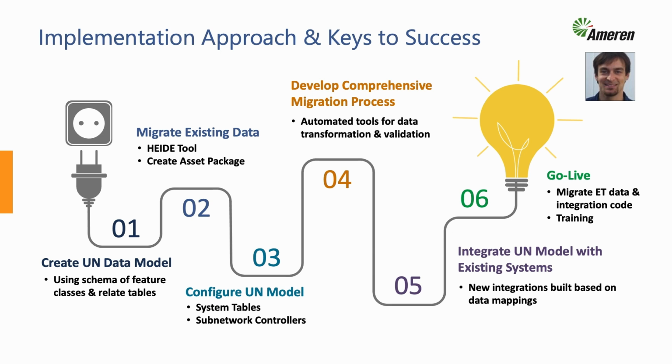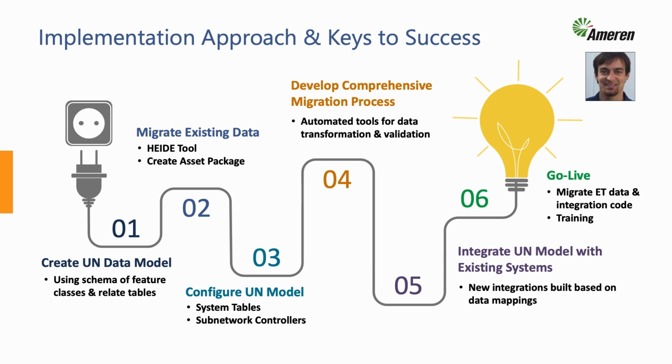And then along the way, there's a lot of configuration that happens and some settings that get tweaked in the asset package stages and beyond, setting the system tables in the asset package, setting up utility network rules, our subnetwork configurations, and our trace configurations.